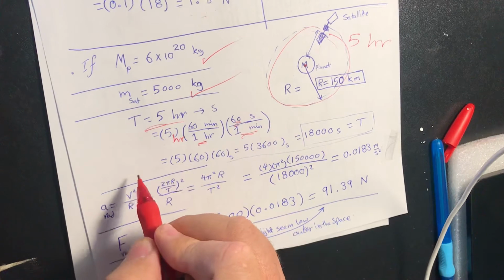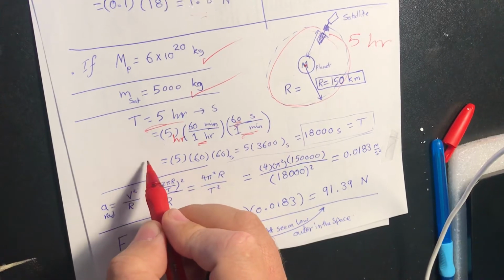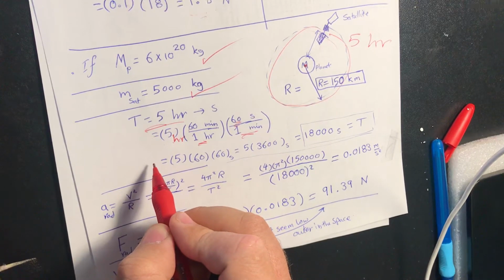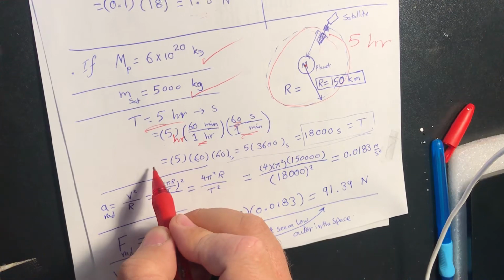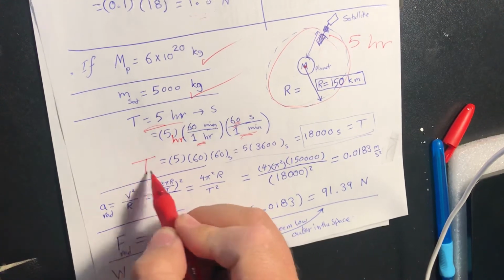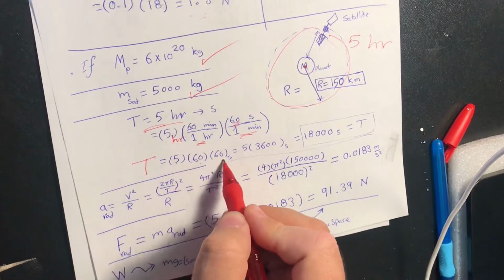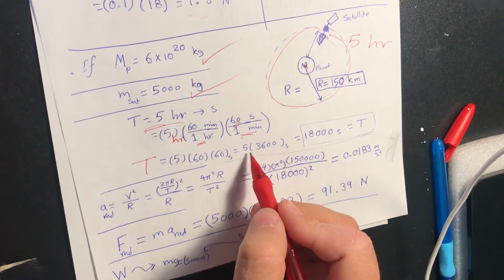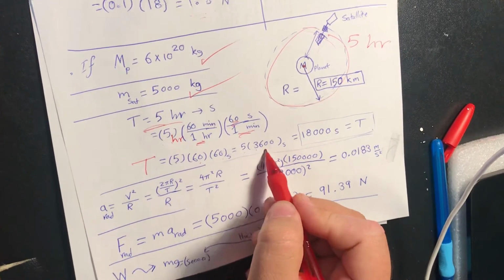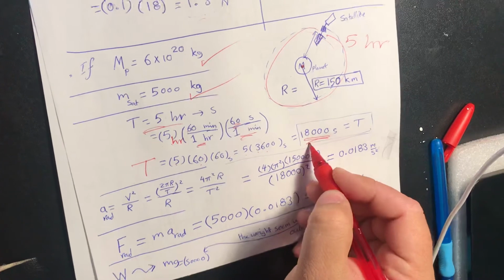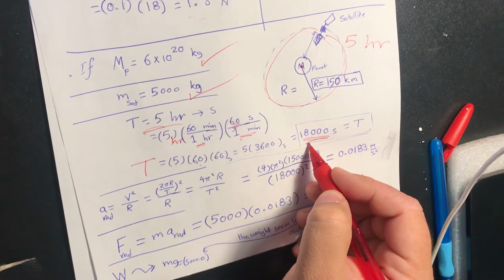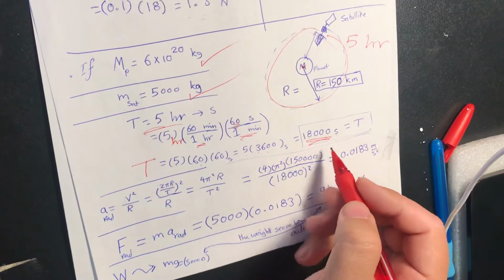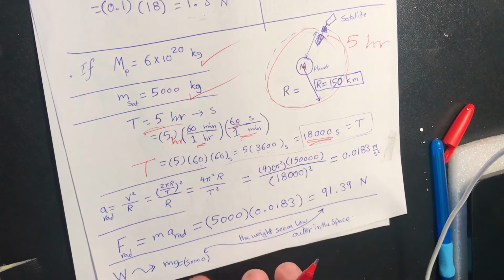Then the time period is equal to 5 multiplied by 60 by 60, which is 5 multiplied by 3,600, which is 18,000 seconds. This is the time.